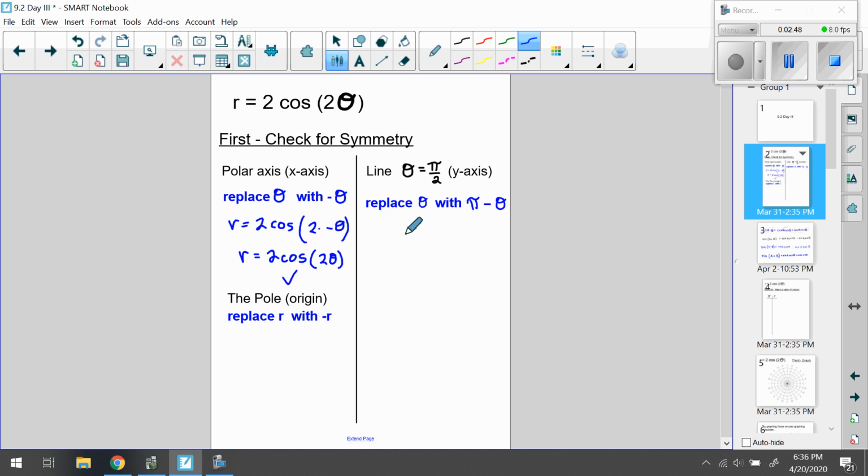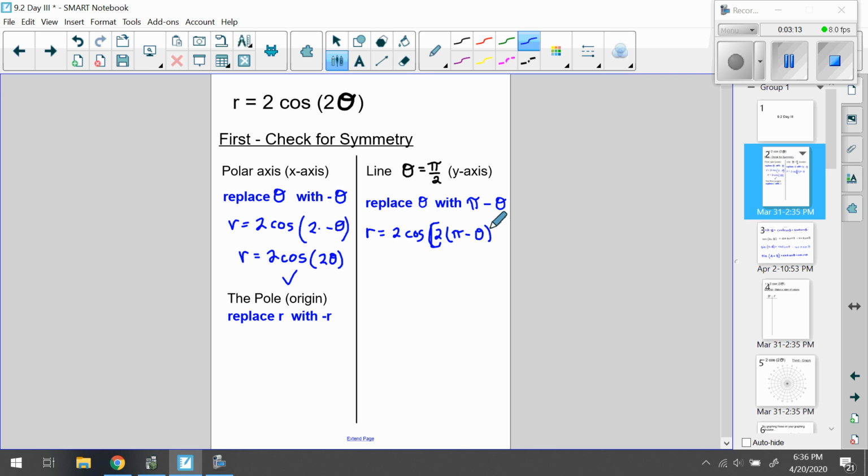For the line theta equals pi over 2, we replace theta with pi minus theta. So we'll say r equals 2 cosine 2. We actually might want to do brackets here. And then parentheses, instead of theta, we'll do pi minus theta.